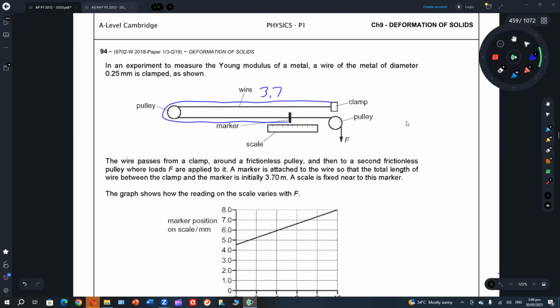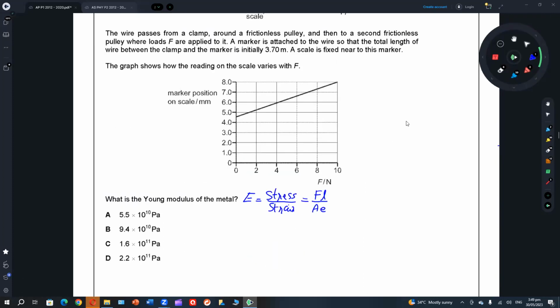So what if we try the gradient? The gradient is coming as 0.33. Yes.